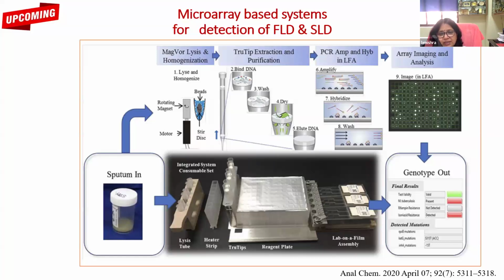Of course, I got the literature in maximum number from one particular manufacturer. They have been trying this system for almost the last 15 years, with gradual improvisation in the technique to get a better yield and better sensitivity and specificity. They have come up to this level where the final analysis is done by array imaging and analysis.